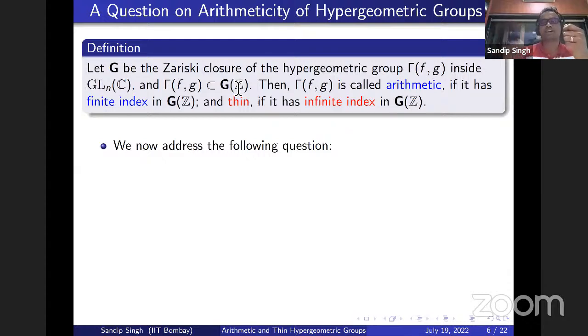Arithmetic groups are Zariski dense, and their quotient has finite measure, they are lattices by Borel Harish-Chandra, and these groups are also discrete subgroups. Thin groups are Zariski dense, but the quotient does not have finite measure. So such groups are called thin.